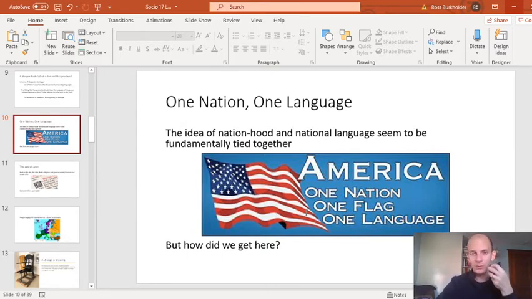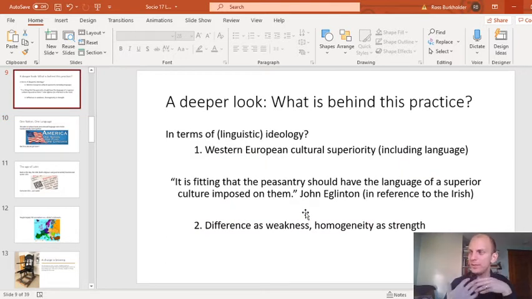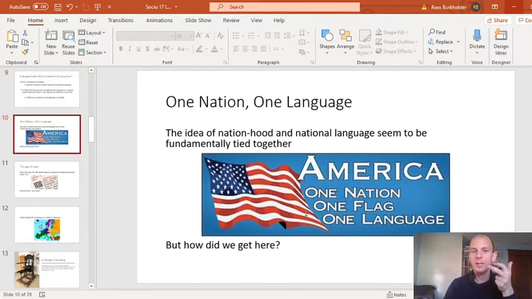That's another cultural ideology, and in some ways these cultural ideologies that I'm talking about are linked. All three of these. We could call this a third linguistic ideology. So we have the cultural superiority, Western European cultural superiority. We have difference as weakness, homogeneity as strength, and we have the one nation, one language ideology.